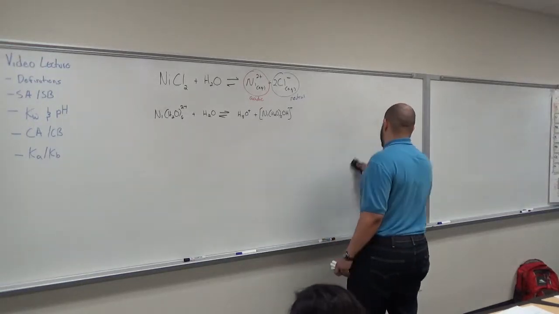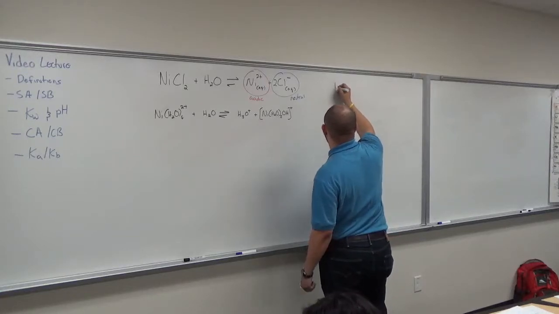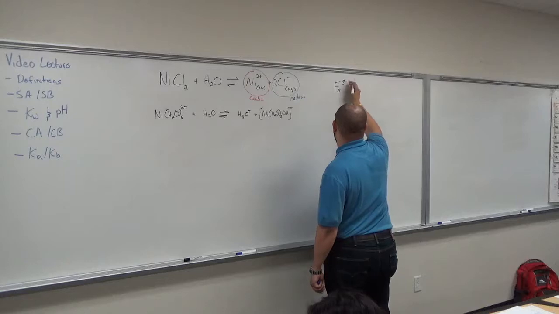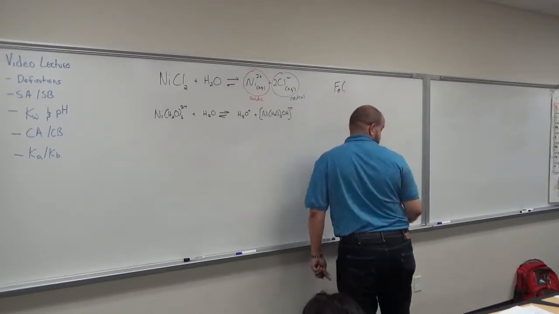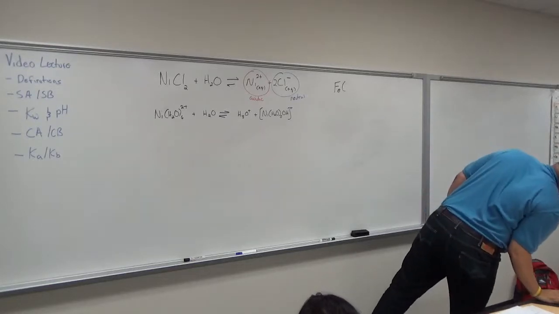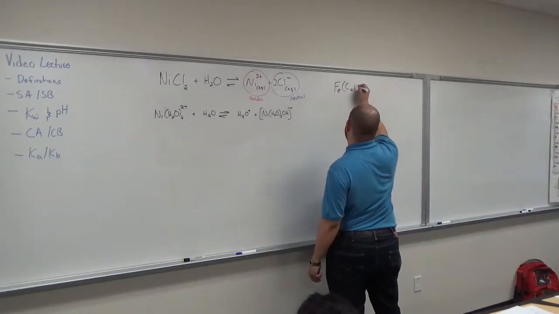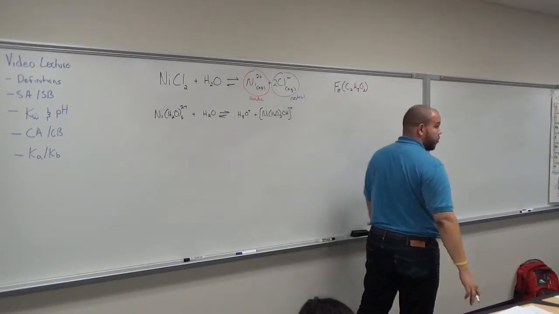So the last example is what happens when you have the transition metal along with something that is, so let's say we had iron 3 acetate, C2H3O2.